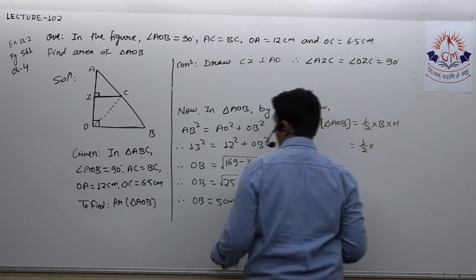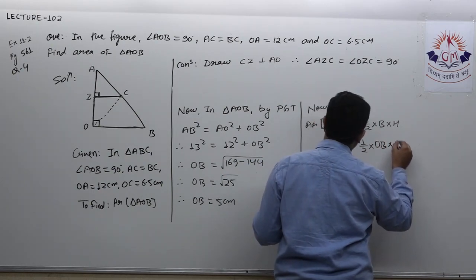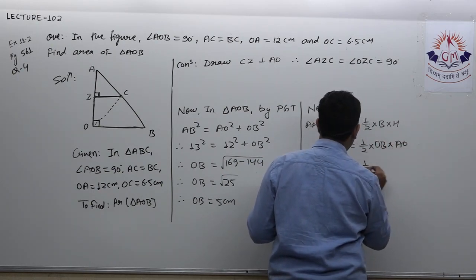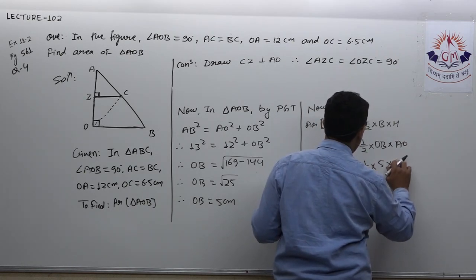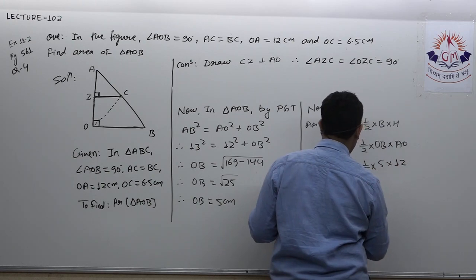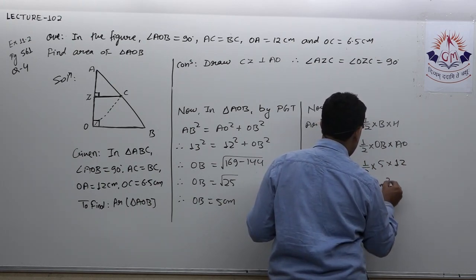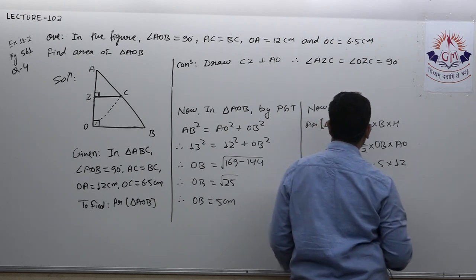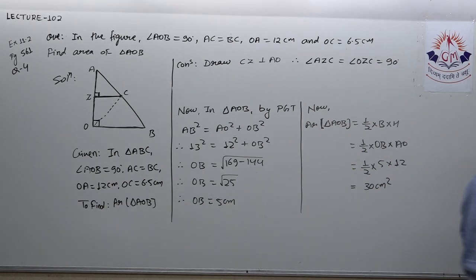Base is OB, height is AO. So 1 upon 2, OB is 5, AO is 12. So this gives you 30 centimeter square. Please note it down. Then we will see the next question.